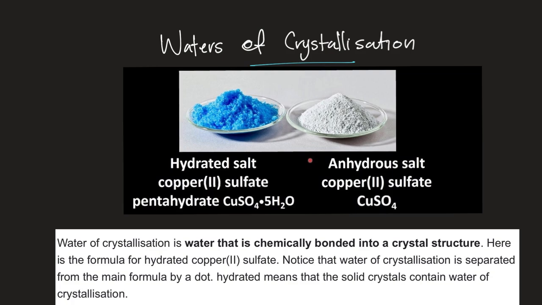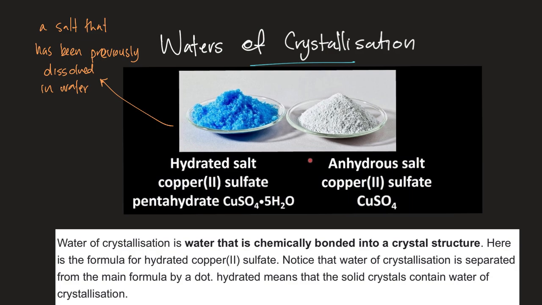So after I've taken a salt, I'm just going to make a note here. There's two types: hydrated salt and anhydrous salt. A hydrated salt is a salt that has been previously dissolved in water.